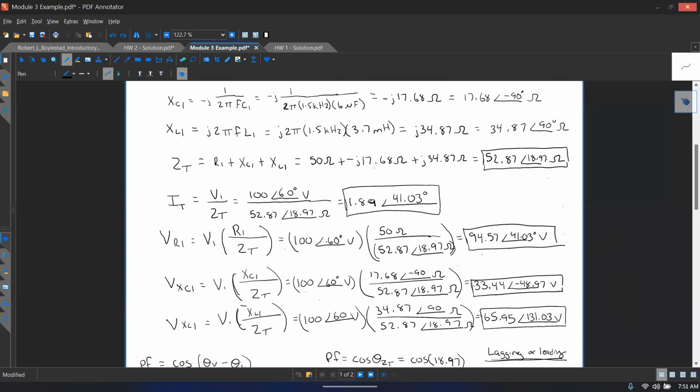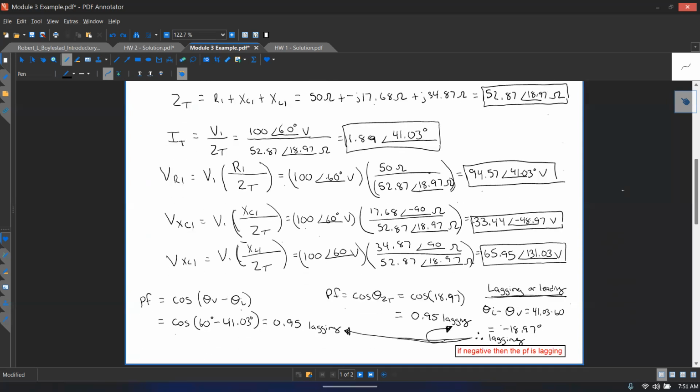The phase angle of your total impedance is a positive 18.97 degrees. You just plug it into your calculator, and you get the same thing: power factor equals 0.95.